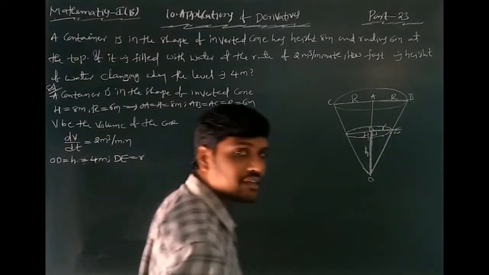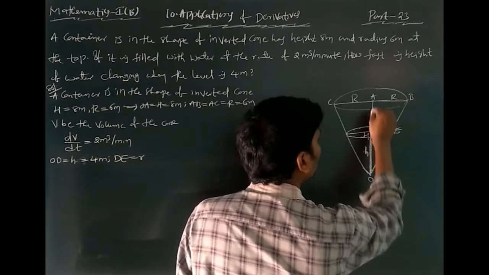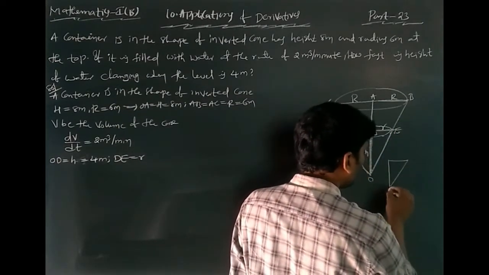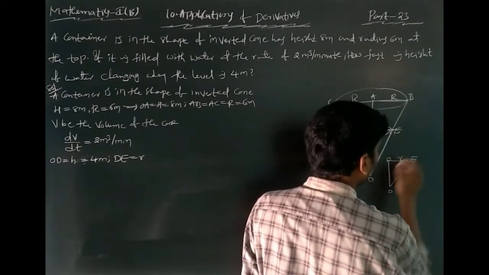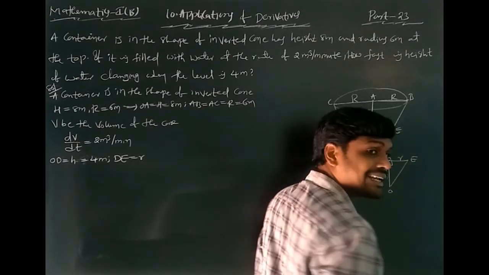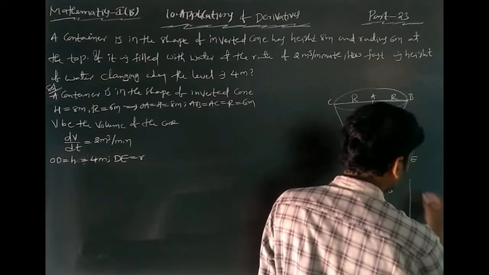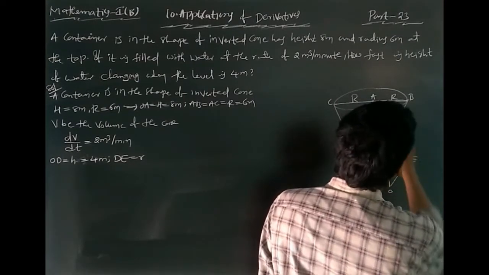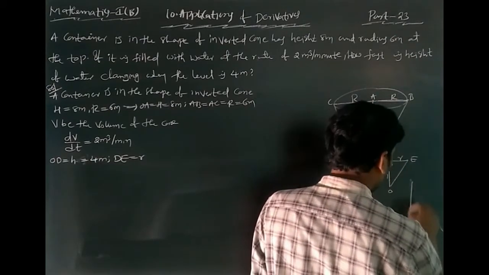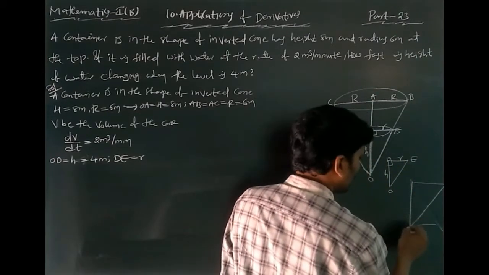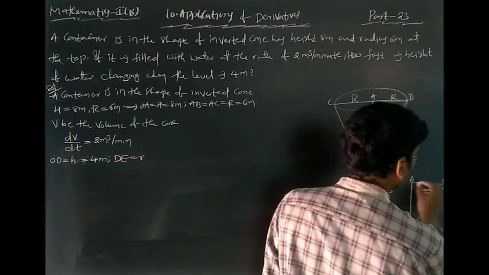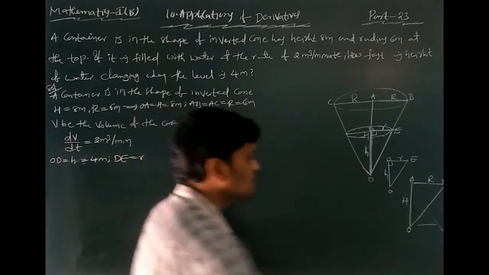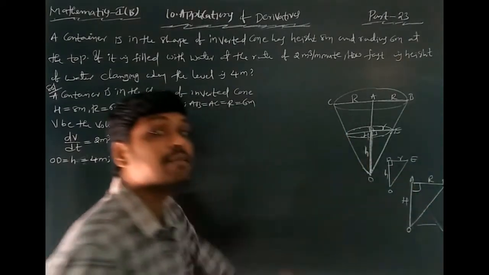This is a right angle triangle. Similarly, triangle OAB. This radius is capital R, this height is capital H. These two triangles are similar triangles.